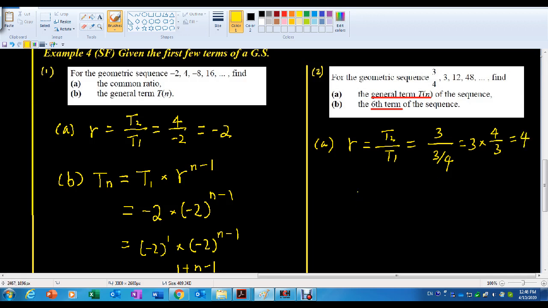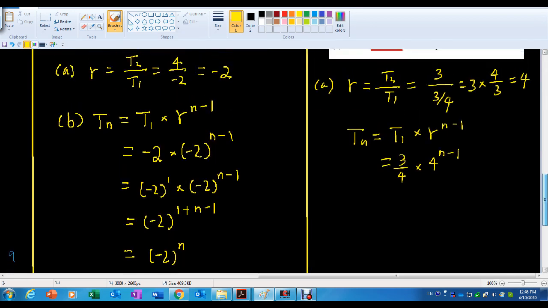Then you write the general term Tn equals T1 times R to the power n minus 1. T1 is 3 over 4 times 4 to the power n minus 1. Is it possible to do some simplification? Yes. You can think of this as 3 times 4 to the power n minus 1, divided by 4.